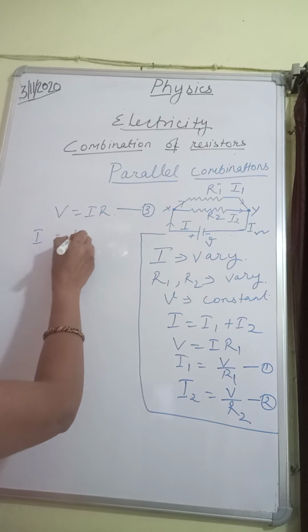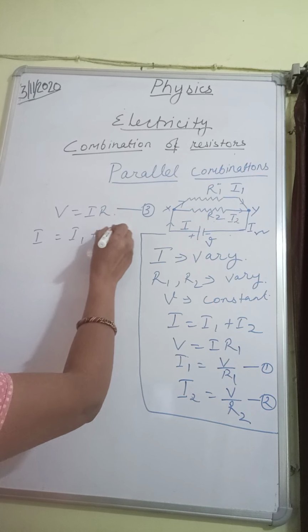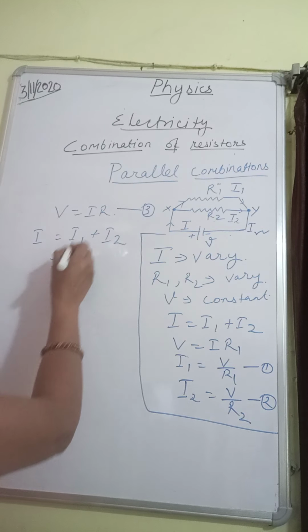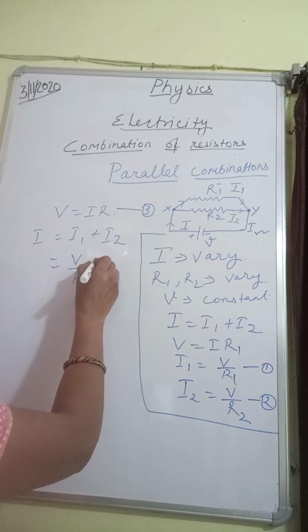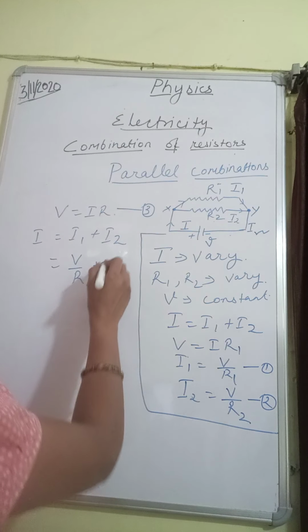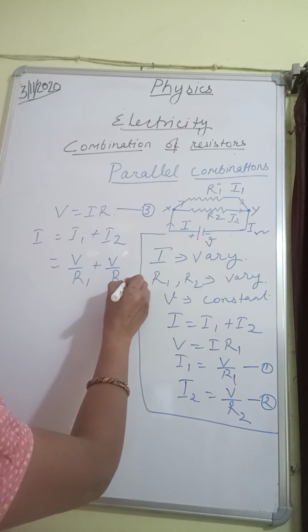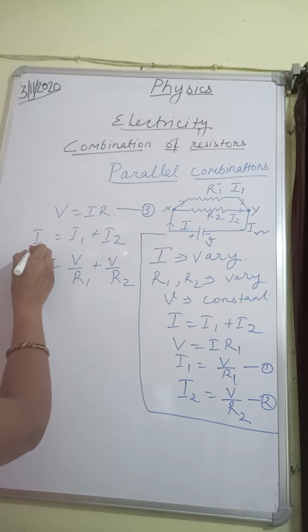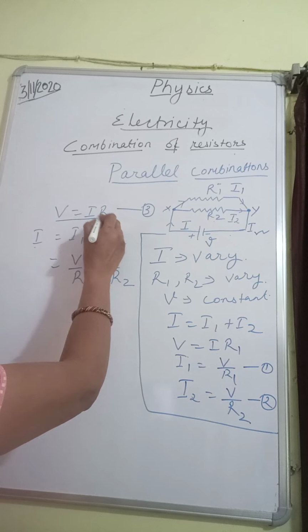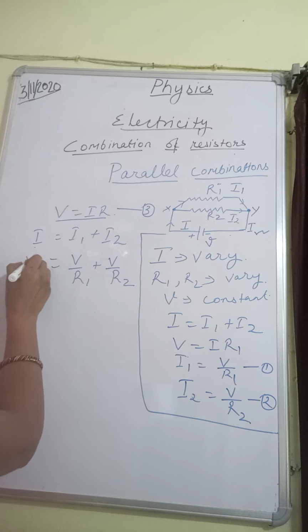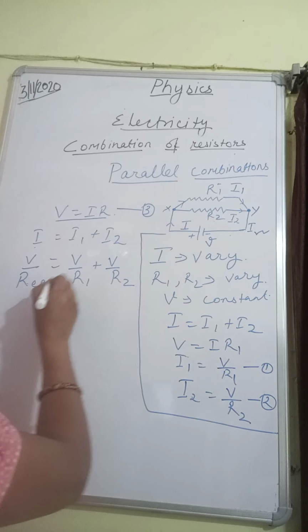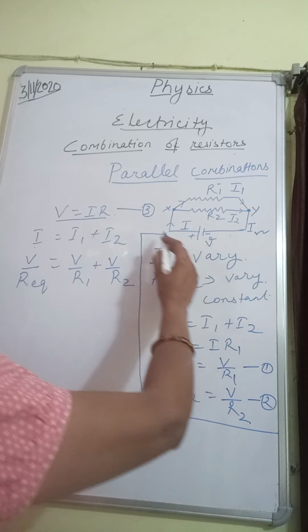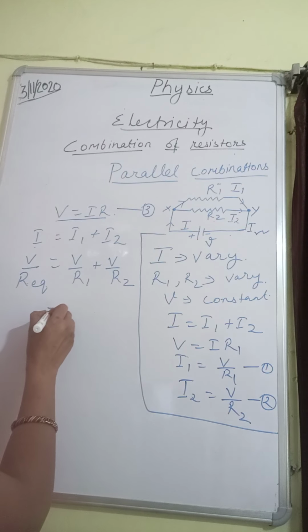I is equal to I1 plus I2. I1 is V by R1. I2 is V by R2. And I from Ohm's law we can write as V by R equivalent. R equivalent is the circuit resistance, the equivalent resistance.